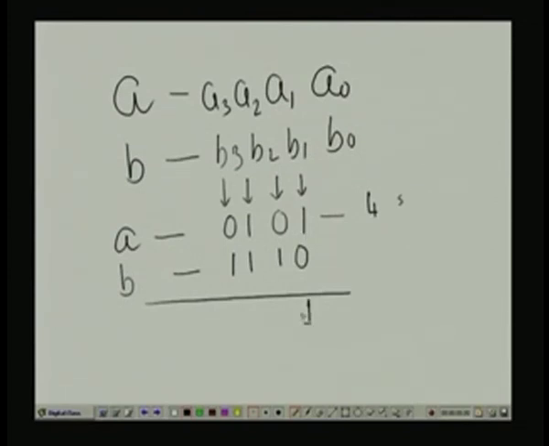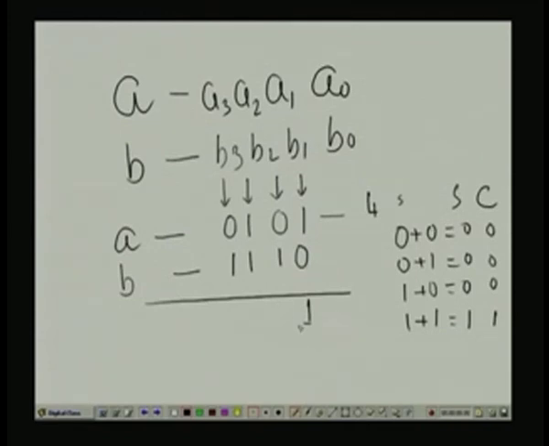Already we have defined that 0 plus 0 is 0, 0 plus 1 is 1, 1 plus 0 is 1, 1 plus 1 is 0, carry 1. Here all the carries are 0, so there is no carry and it is not important. Now, 0 plus 1 again is 1, carry 0. Now, 1 plus 1, the sum is 0 and there is one carry also.